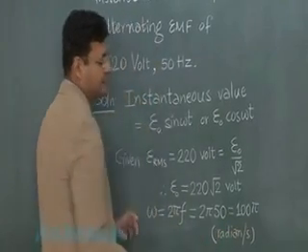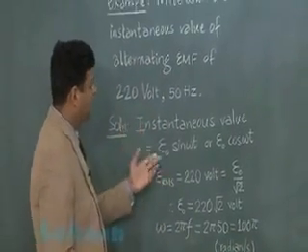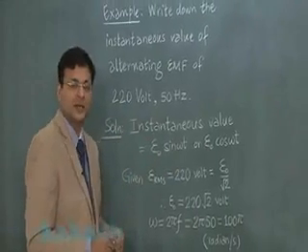You understand? यहां पे E naught की वैल्यू वोल्ट में आ गई और ओमेगा की वैल्यू रेडियन पर सेकंड में होनी चाहिए.